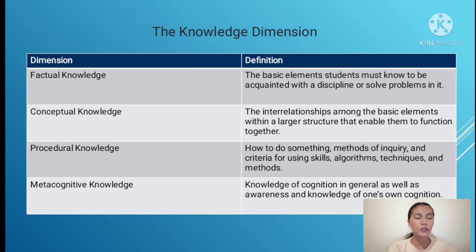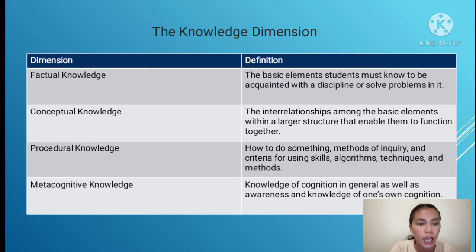So this table shows the knowledge dimension, such as factual knowledge, defined as the basic elements students must know to be acquainted with a discipline or solve problems in it. Conceptual knowledge, the interrelationship among the basic elements within a larger structure that enable them to function together.